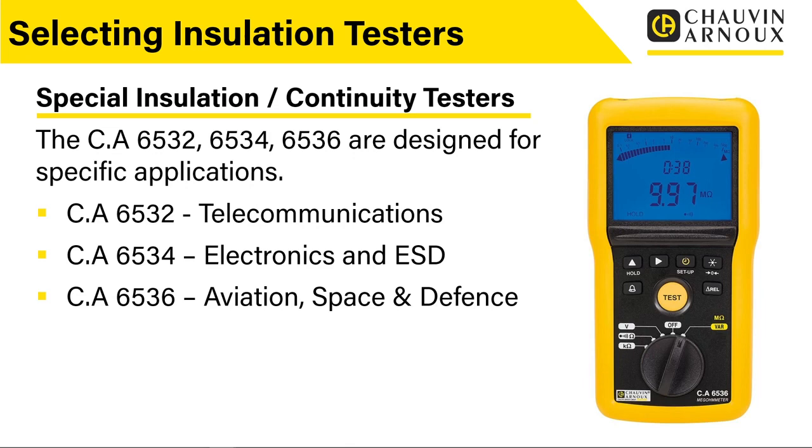I'm told that's specific to particular aviation, space or defence applications where testing needs to be reliable and exactly at a specific voltage every time. Again, that's a very specific product, but if you are in that industry and you need that requirement, we have got a product that fits.